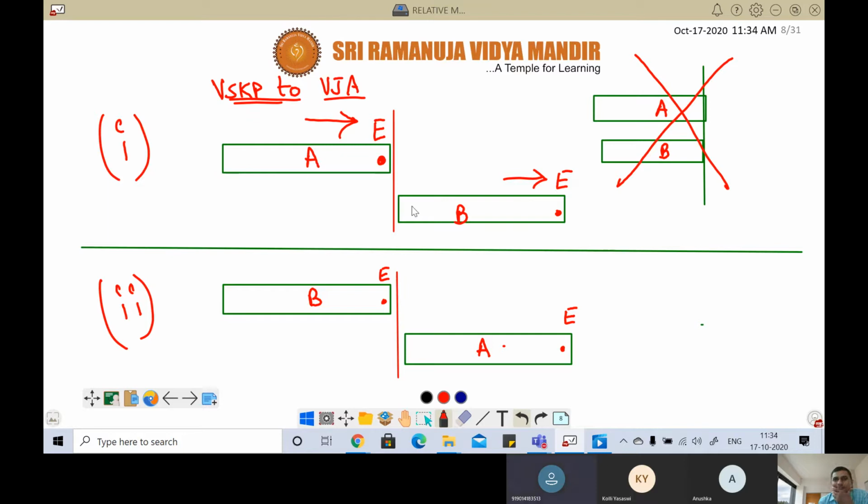Sir, the velocities are different. Velocities are different. Yes, sir. So I think both are wrong. Since velocities are different, both are wrong. Okay, now what is the correct way to draw the diagram? Should I draw this engine of B like here, like this? No, sir. I think A needs to go front.